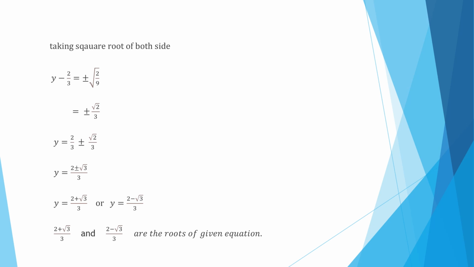Then y is equal to (2 plus root 2) by 3 or y is equal to (2 minus root 2) by 3. So the roots of the given equation are (2 plus root 2) by 3 and (2 minus root 2) by 3.